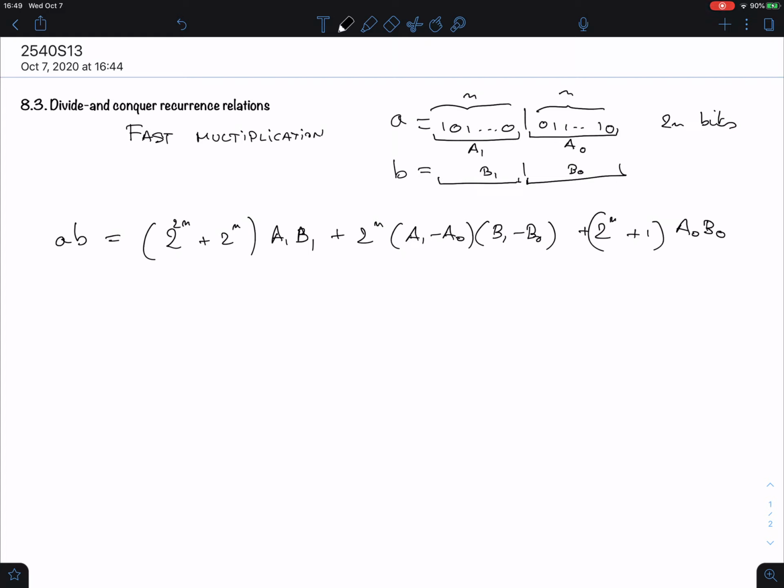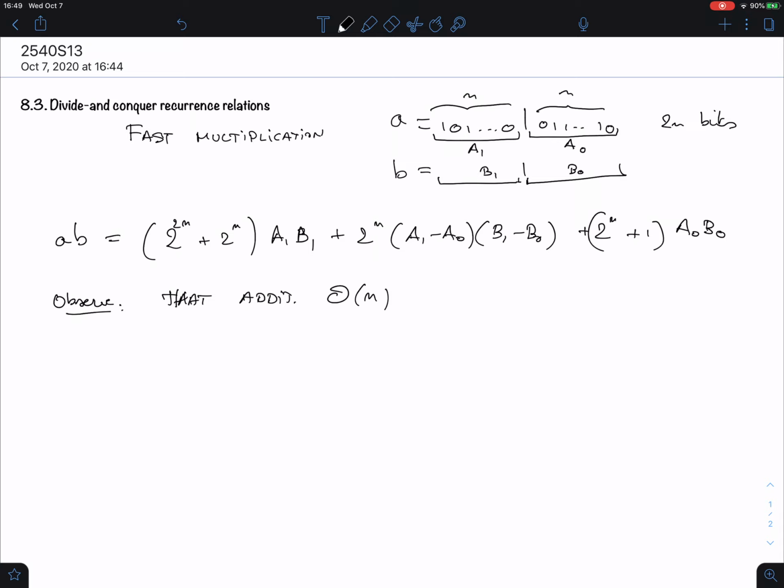The first observation is that addition has complexity n. If I have to add two numbers of n digits, I do one digit at a time.